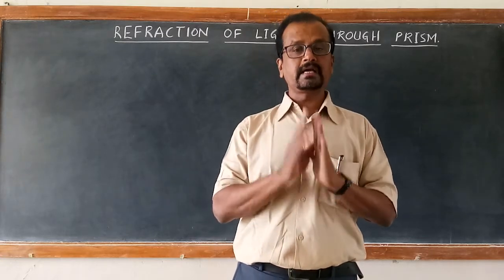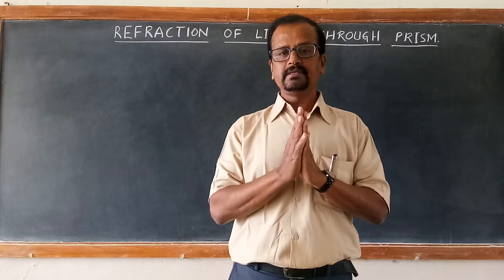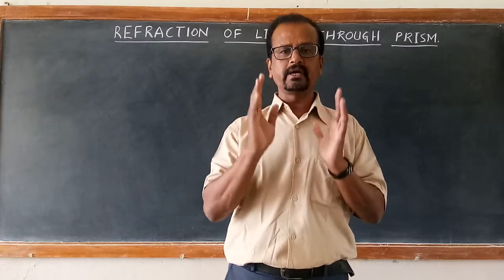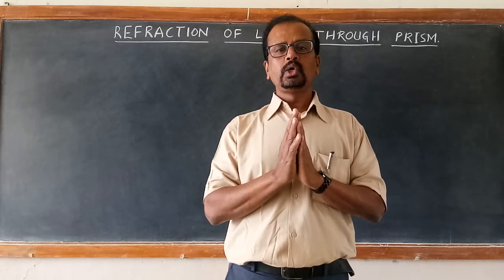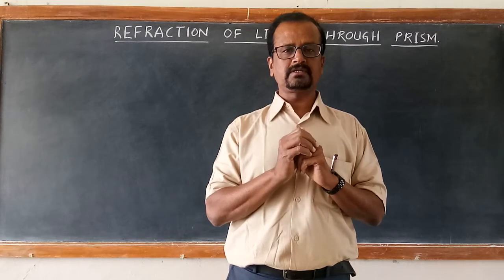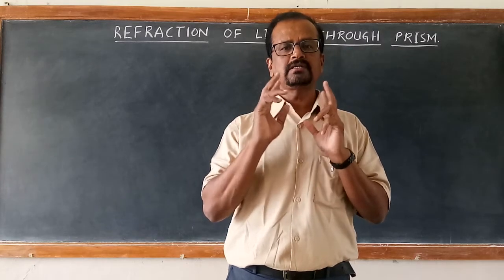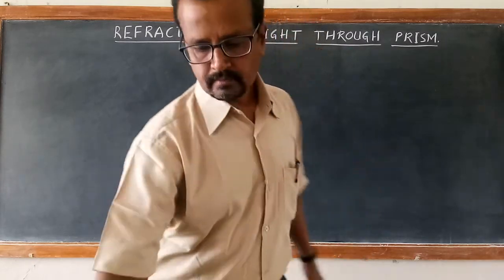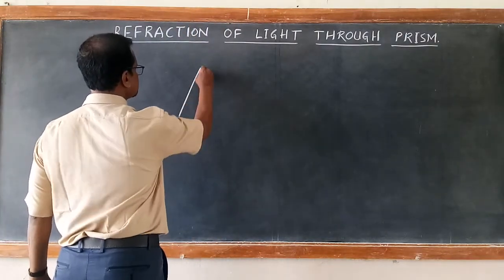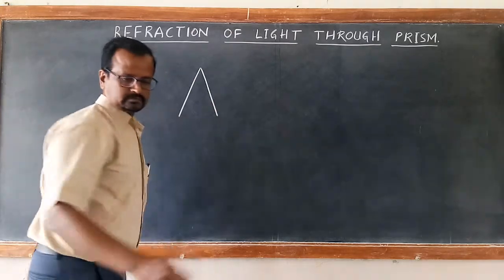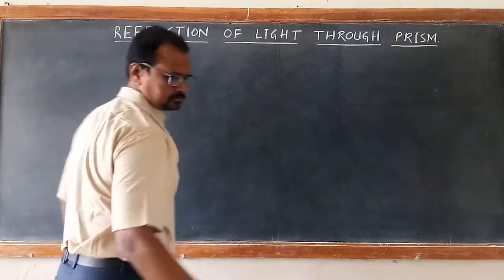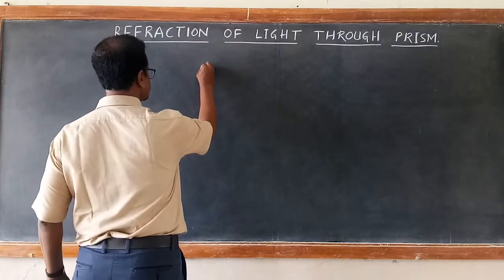So here we are taking a glass prism. A glass prism is a geometrical regular body having 3 rectangular and 2 triangular isosceles faces. So if you draw it, the prism appears like this. All the 3 sides must be equal.